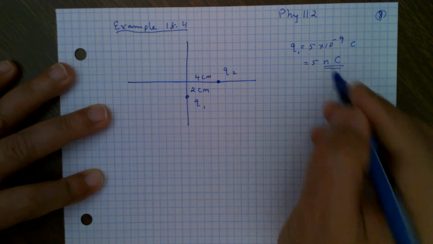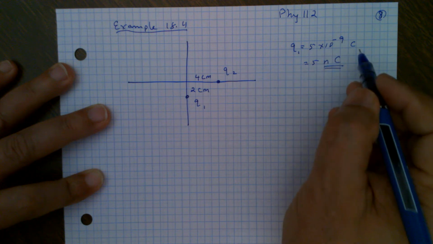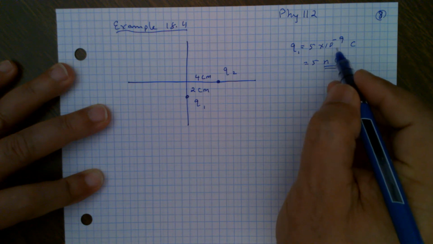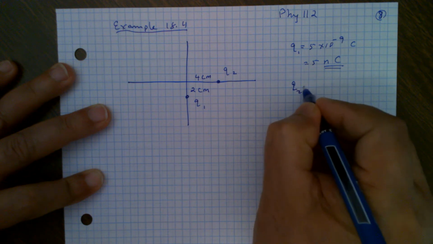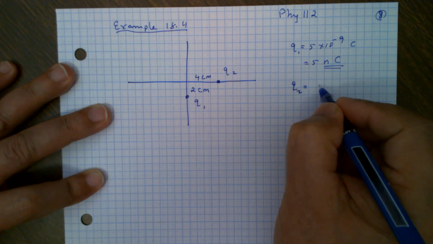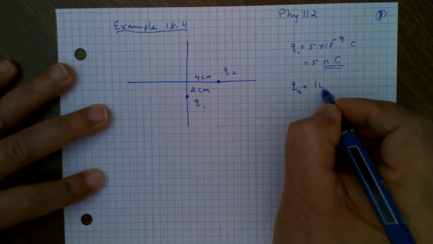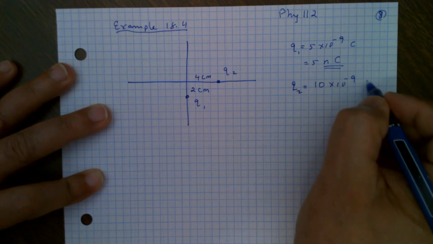So you cannot use nanocoulomb. You have to convert it into coulomb. That is, nano is 10 to the power minus 9. Okay, Q2 is also in nanocoulombs. Q2 is 10 nanocoulombs, or 10 to the minus 9 coulombs. All right.